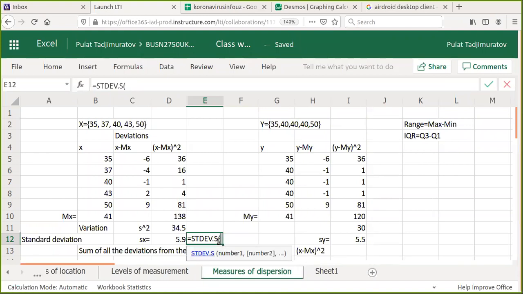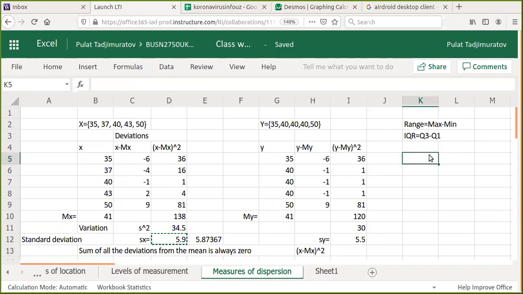You can just use this formula on your numbers, the numbers themselves, not deviations, and it will calculate your standard deviation. Here I have it rounded to 1 decimal place, that's why it's showing 5.9. But if I copy it and paste only the value, you can see it's 5.87 and so on.